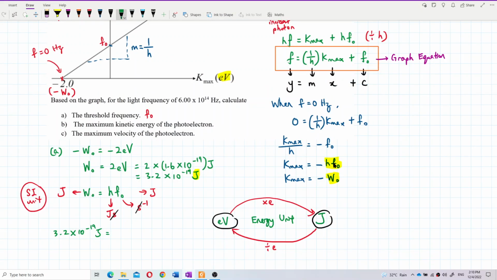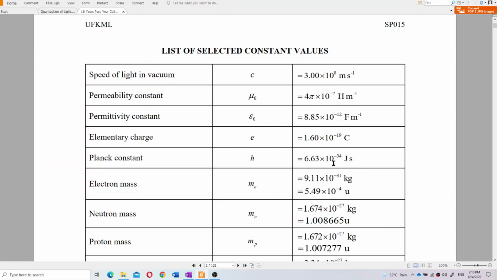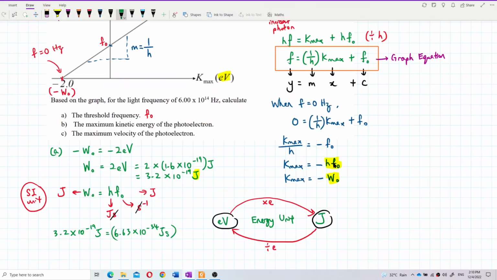So put it down, 6.63 exponent negative 34 joule second. Then we can find the threshold frequency.